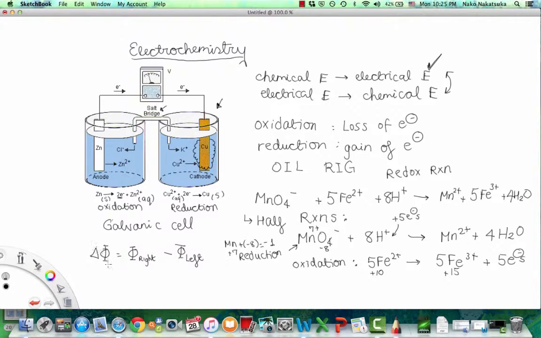So this change in the potential is going to be positive, since electrons always flow from the left to the right. Since oxidation is happening at the left, the lost electrons always have to flow to the right where something gains it. So this is always going to be positive.